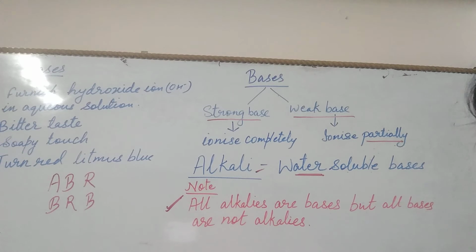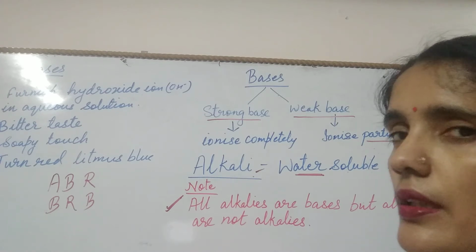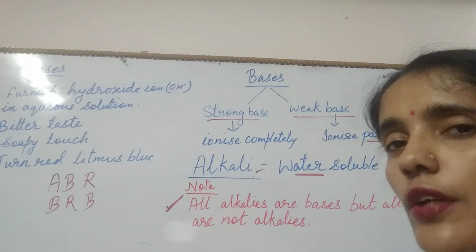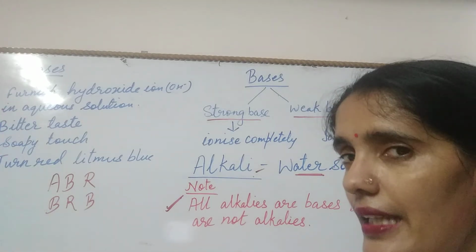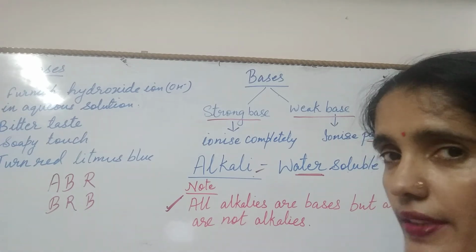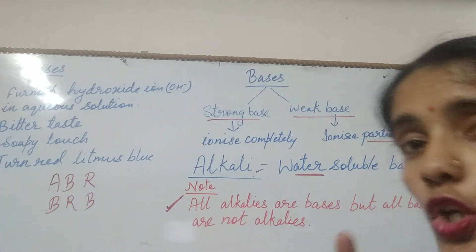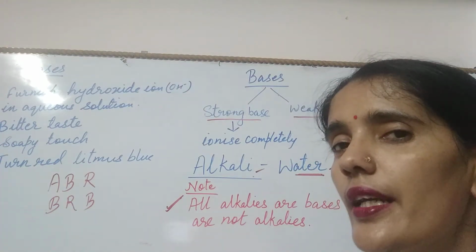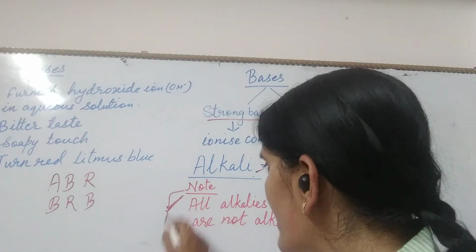What do you mean by this? Simple meaning. Alkalis are the water soluble bases, and I told you all bases do not get dissolved in water. So alkalis are the bases which dissolve in water. So all alkalis are bases. But since all bases do not dissolve in water, it means all bases are not alkalis.